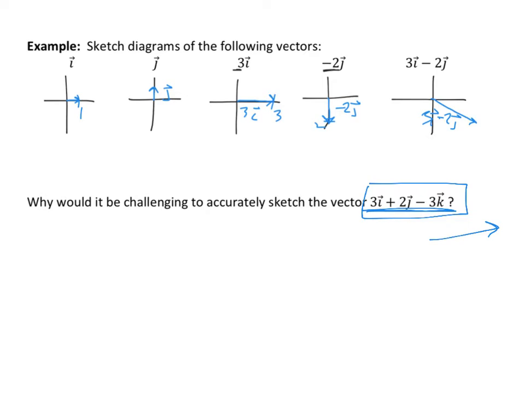It's difficult for us to imagine going 3 in the x direction, then 2 in the y direction, and then -3 in the z direction, like through your computer screen, through your tablet or whatever you're working with. It's difficult for us to do that without using some other strange things. I'm not saying it's impossible, but it is challenging. So you're generally not going to be asked to sketch those things accurately. You would just draw them in two-dimensional space and label it.